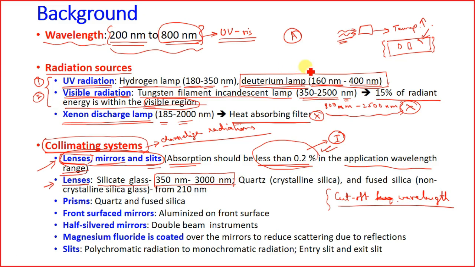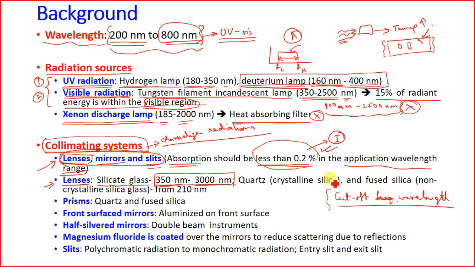Most of you must have attended the analog electronics class, where you studied the band pass filter, with a low cutoff frequency and a high cutoff frequency, and within that range you could work. Similarly, in the optical system we have a low cutoff wavelength and a high cutoff wavelength, and within this wavelength region you can work with the silicate glass.